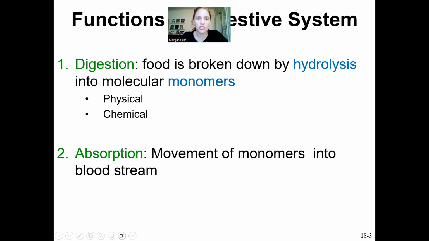Physical digestion is things like denaturing proteins or using bile to break big fat droplets into smaller fat droplets. Whereas chemical digestion means that we're going to be breaking covalent bonds. So if you are not breaking covalent bonds, that would be physical digestion, not chemical. Chemical needs to break those covalent bonds, and in order to do that, you're going to need some enzymes. So that's the one that we usually remember, digestive system for digestion.